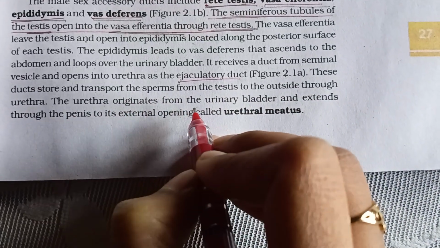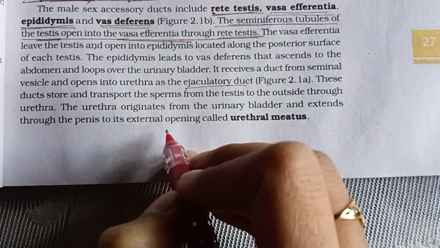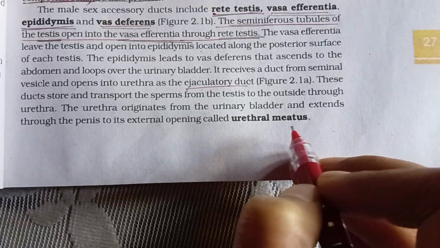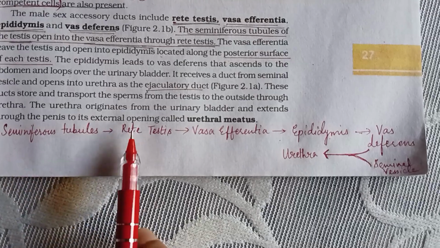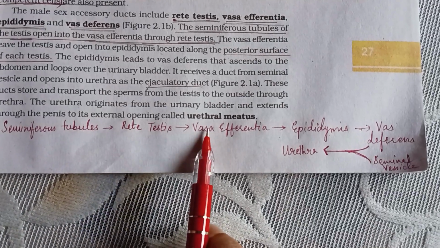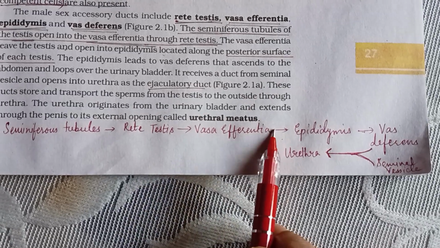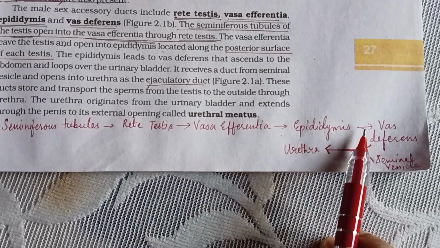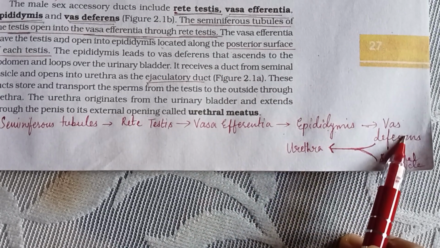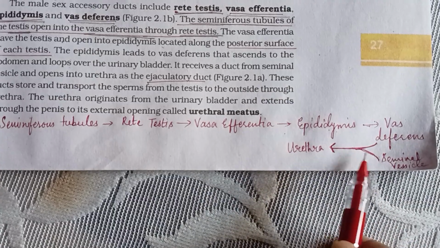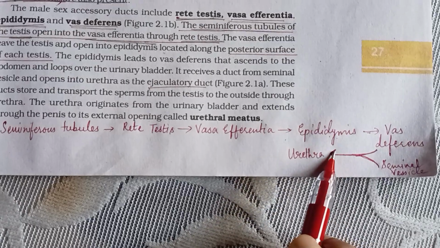The urethra originates from the urinary bladder and extends through the penis to the external opening called the urethral meatus. So seminiferous tubules open into rete testis, and from there to vasa efferentia. Vasa efferentia leave the testis and open into epididymis, and then vas deferens. Vas deferens receives a duct of seminal vesicle and both open into urethra.